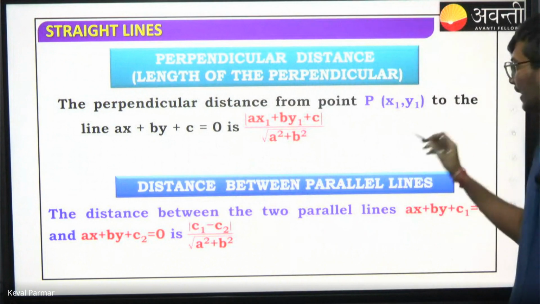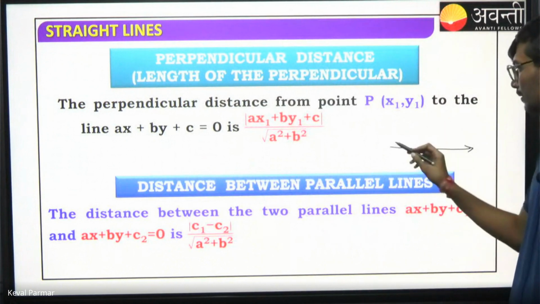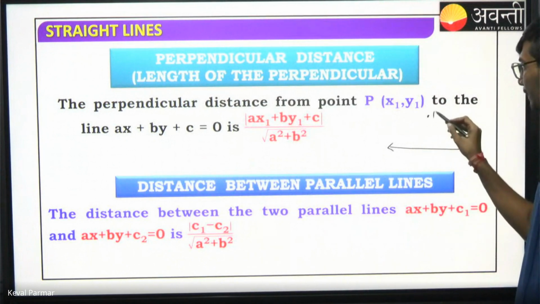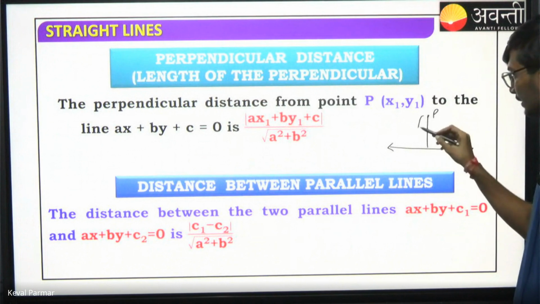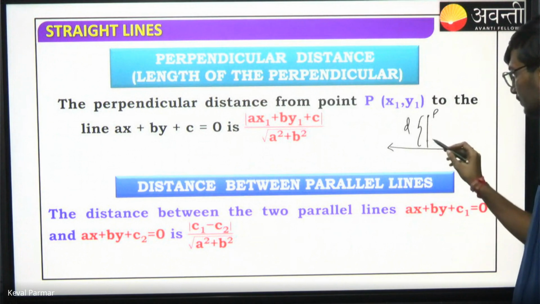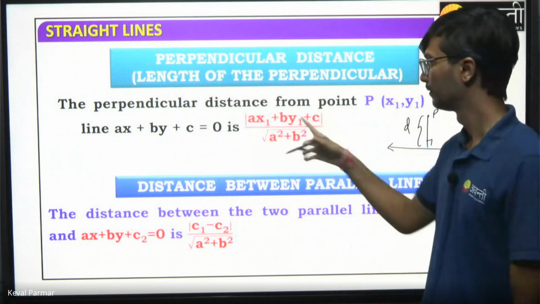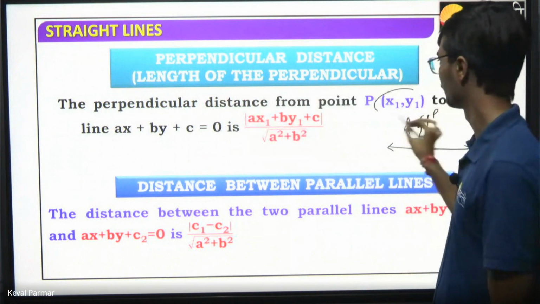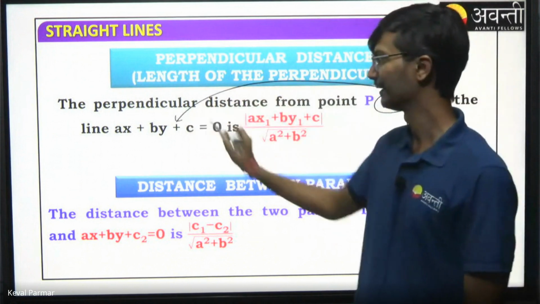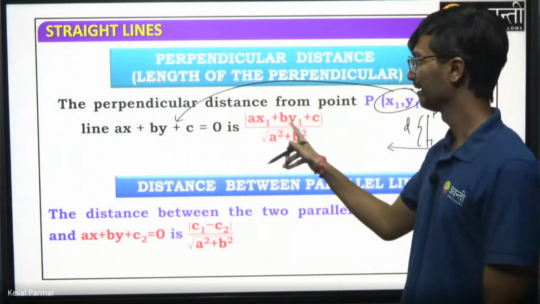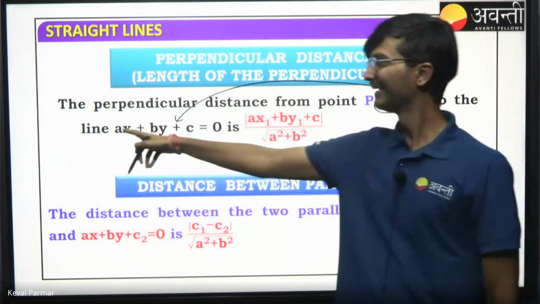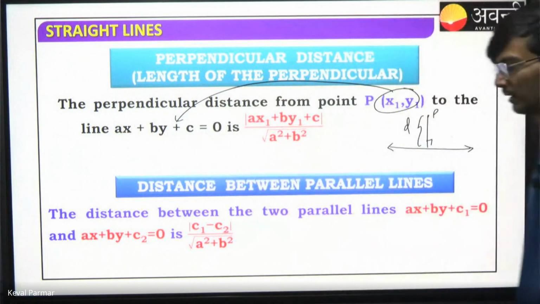If I want to find, this is a line and this is a point P. If I want to find this distance D, then this distance can be given by mod of ax1, that means substitute the point in the line, ax1 plus by1 plus c upon under root of a square plus b square.